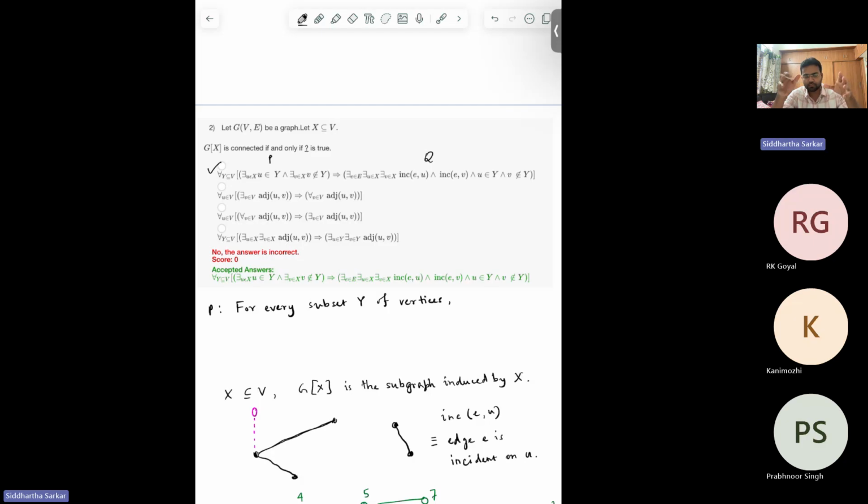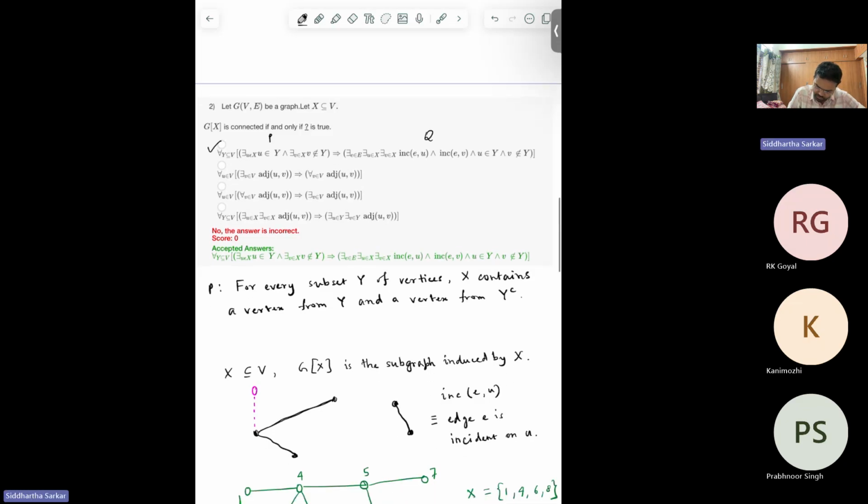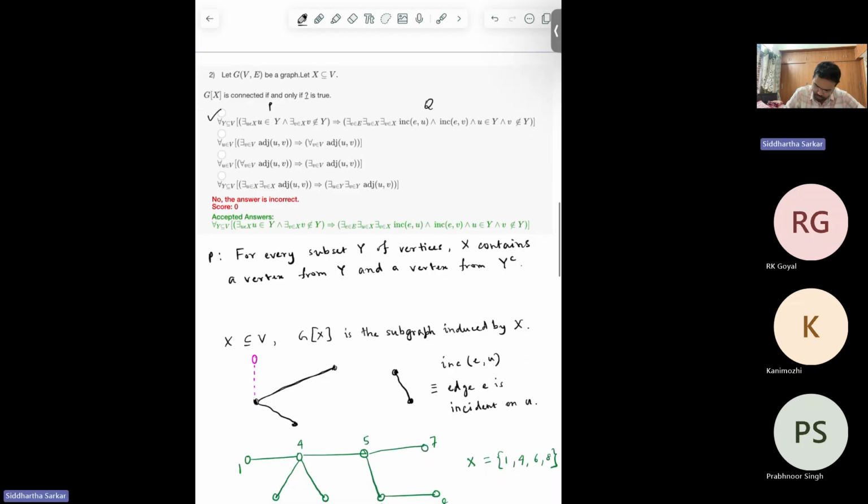So X contains both a vertex from Y and a vertex from outside Y, Y complement. That is the first thing.